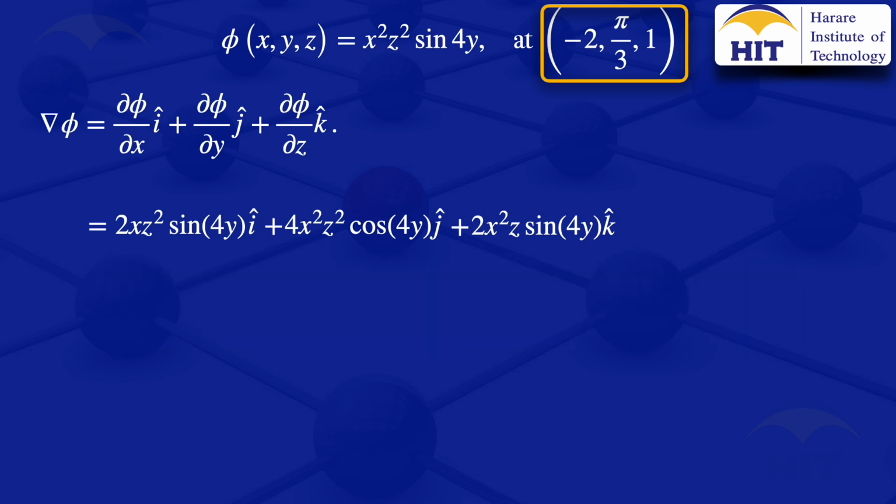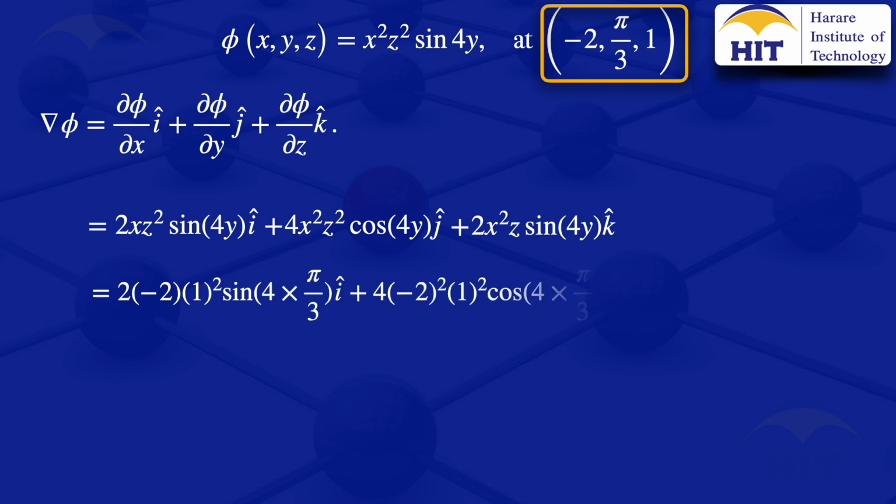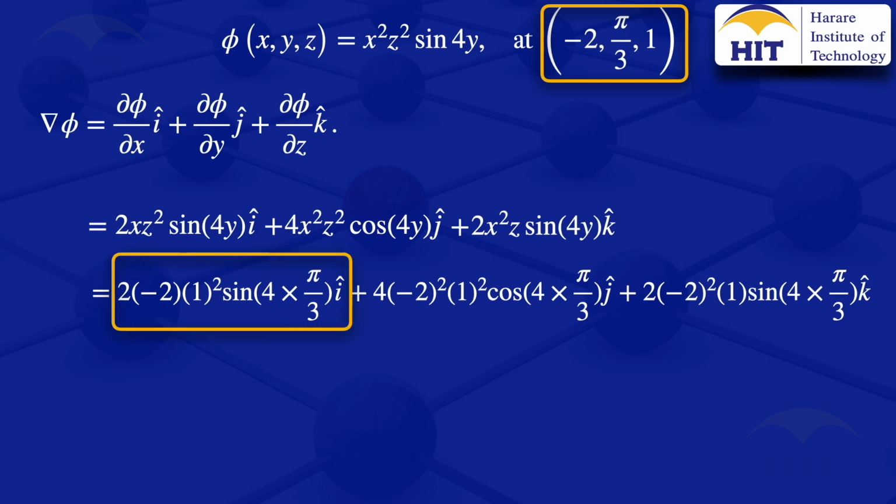So if I substitute those values, what we'll get there is 2 times minus 2 multiplied by 1 squared multiplied by sine of 4 times pi over 3 i plus 4 times minus 2 squared times 1 squared times cosine of 4 times pi over 3 j plus 2 times minus 2 squared times 1 times sine of 4 times pi over 3 k.